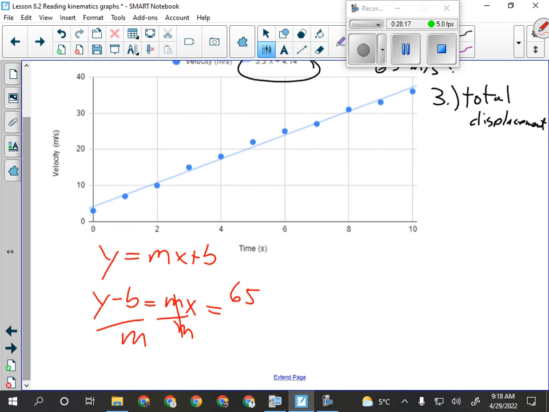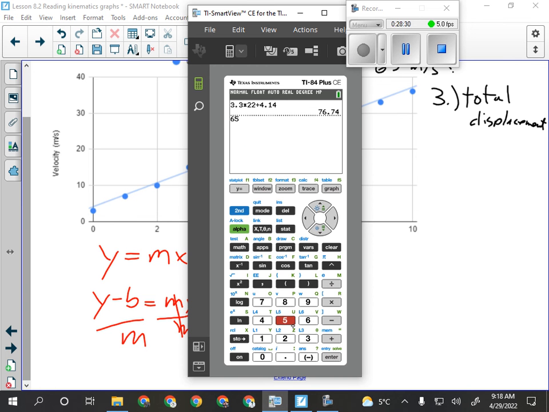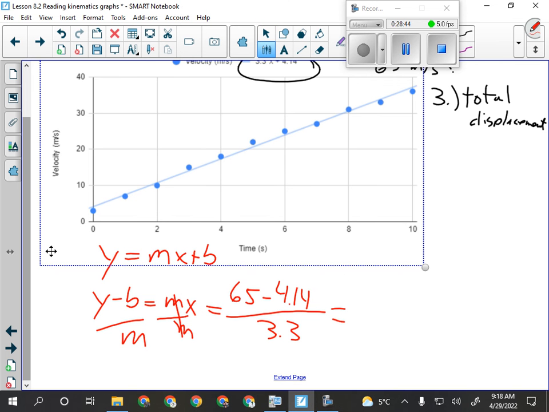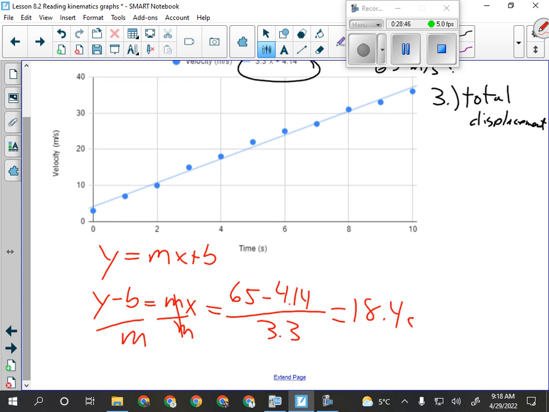So 65 minus 4.14, my y-intercept, or b, and then divide that by m, which was 3.3. So 65 minus 4.14 divided by 3.3. Okay, so it's going to take 18.4 seconds for that to happen. Okay, questions on that one?